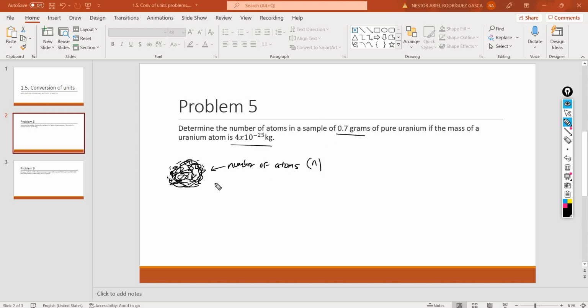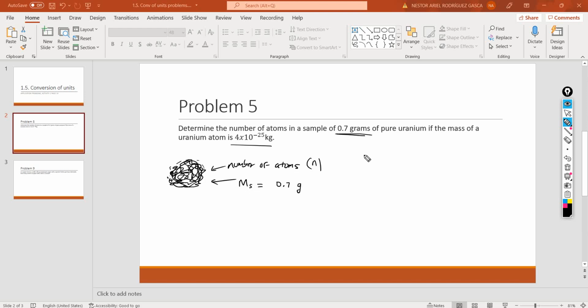Perfect. What else do I know about the sample? I know the mass of the sample, which I'm going to write as ms. The mass of the sample is 0.7 grams. You can either write it as 0.7 grams with the full word or with the symbol, 0.7 g. Okay, fine. What else do I know?